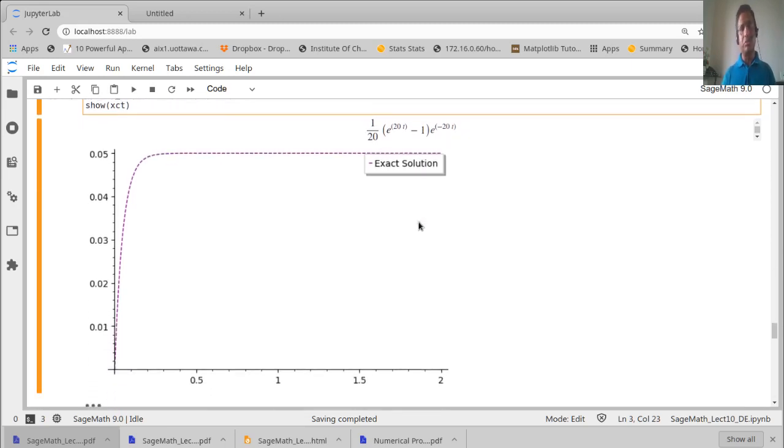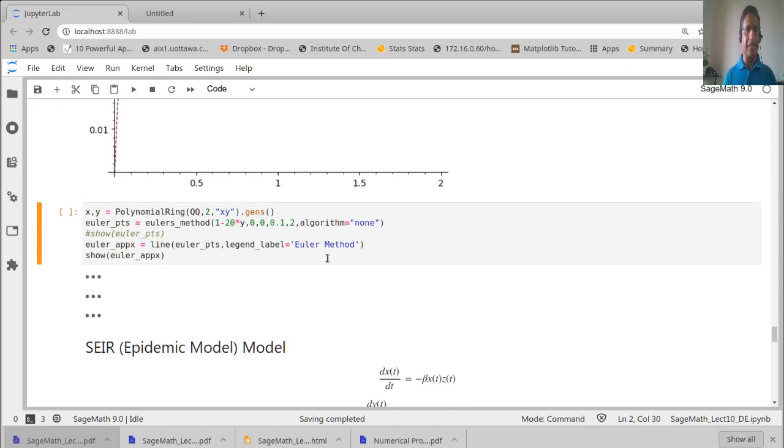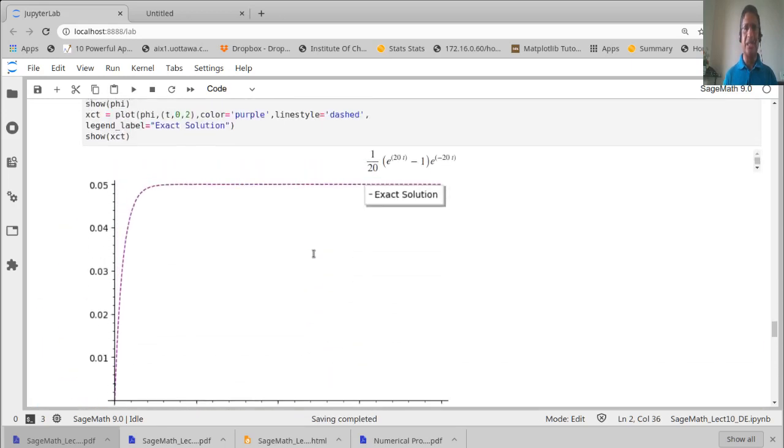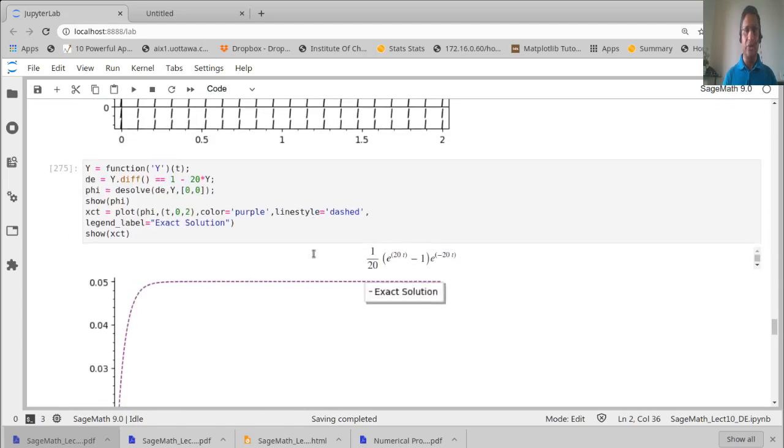Now let us superimpose the solution obtained using Euler's method. If I'm using Euler's method, then you have to use euler_method, and you need to mention the right hand side of the differential equation, the initial point that is 0, and then the initial condition, x0 is equal to 0 and y0 is equal to 0.